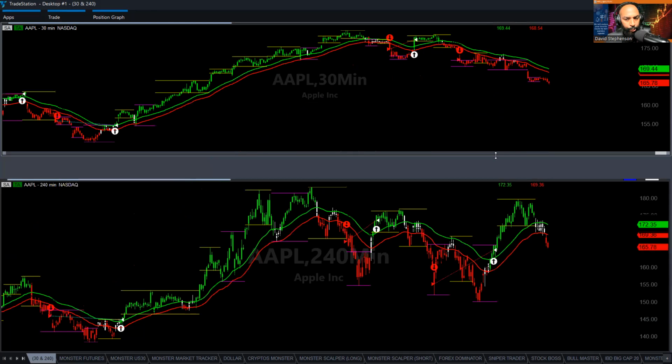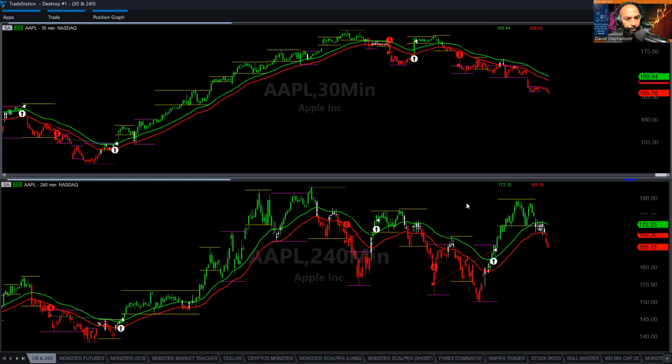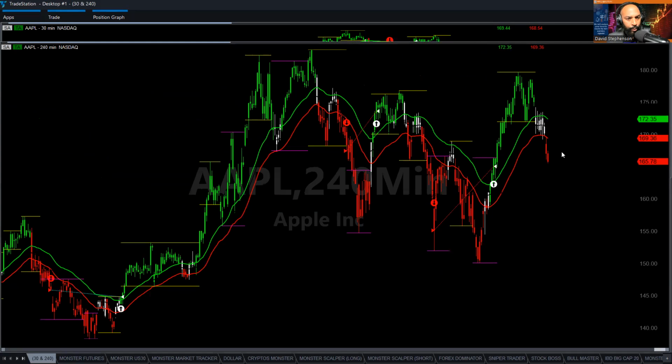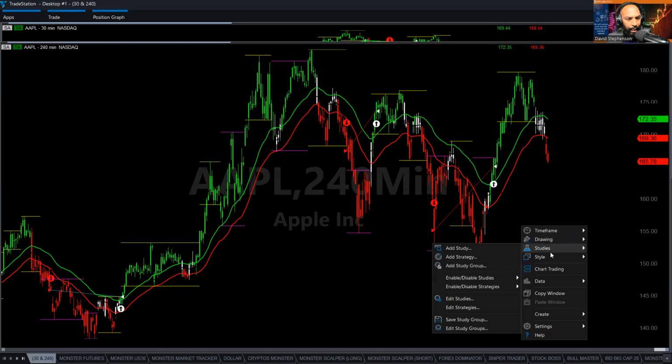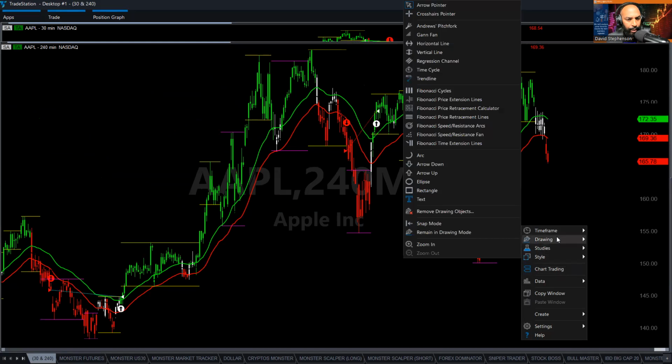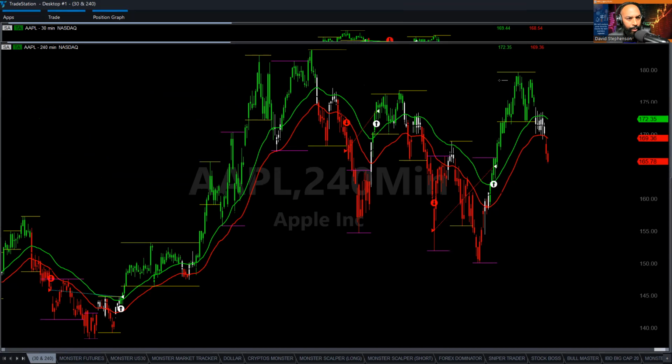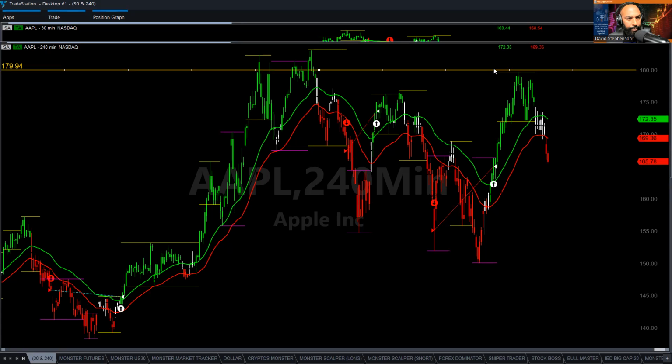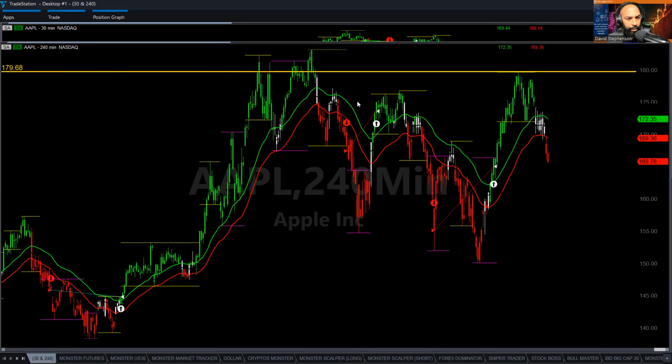All right, on the 240. Let's take a look here on the 240, which is your trading window. We do not have a sell short signal yet, but that should come in soon. It made a high right here, made a high here, failed.